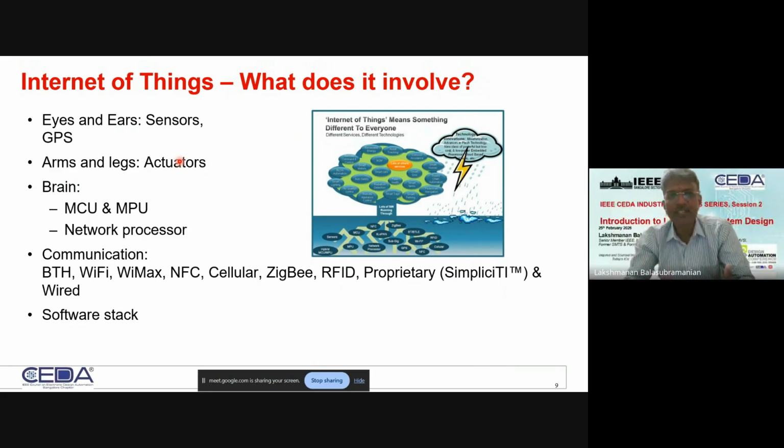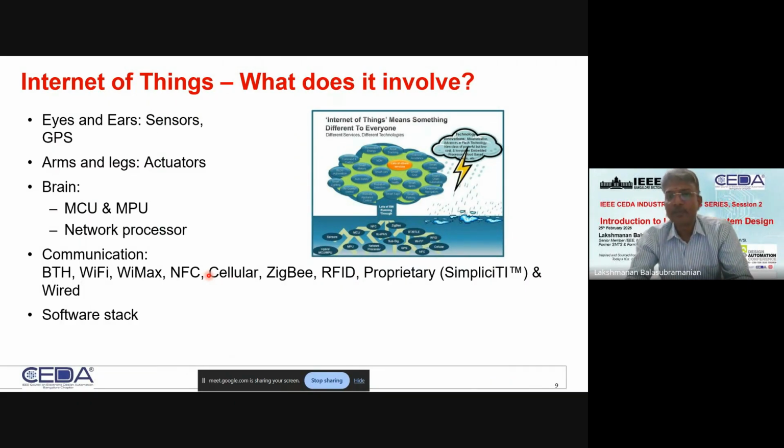And obviously there will be multiple such devices. They will be employed for various purposes, and they will all be talking to each other, and hence there will be multiple communication protocols that may be applied. It's not limited to one, depending on the range, the power requirement, and various other requirements. There can be multiple wireless and wired communications, predominantly wireless.